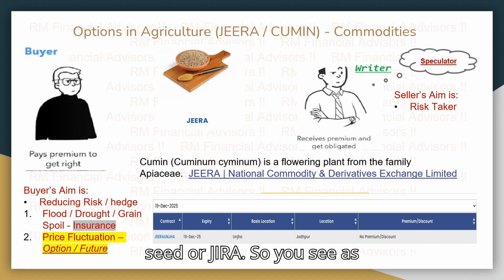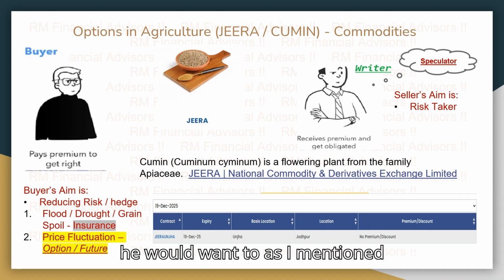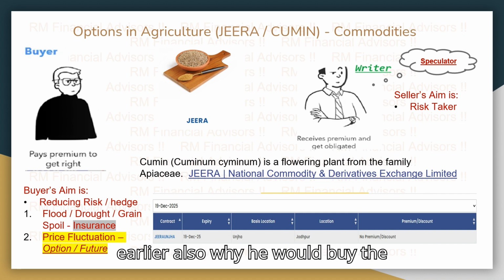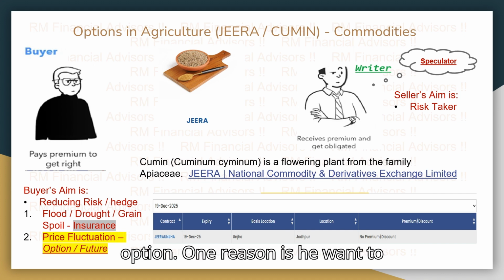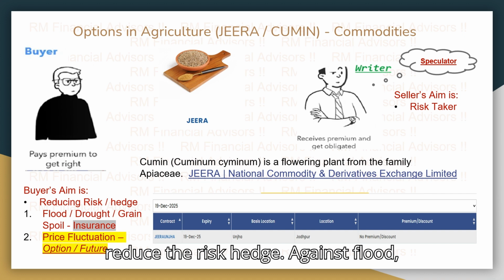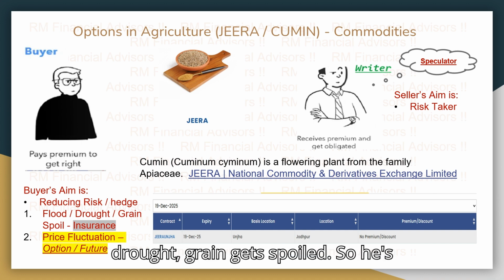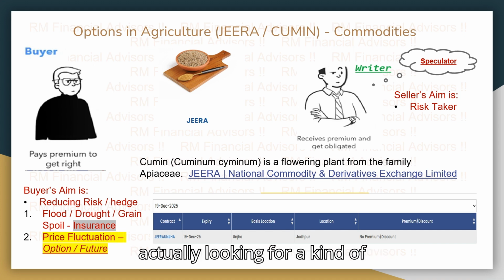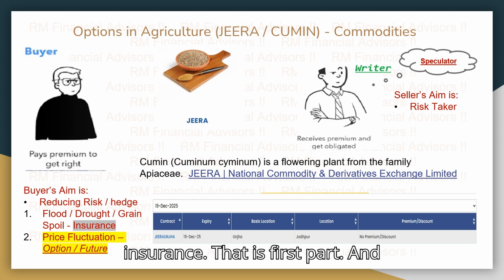So you see, as an option buyer, why would he buy the option? One reason is he wants to reduce the risk, hedge against flood, drought, grain getting spoiled. So he's actually looking for a kind of insurance.